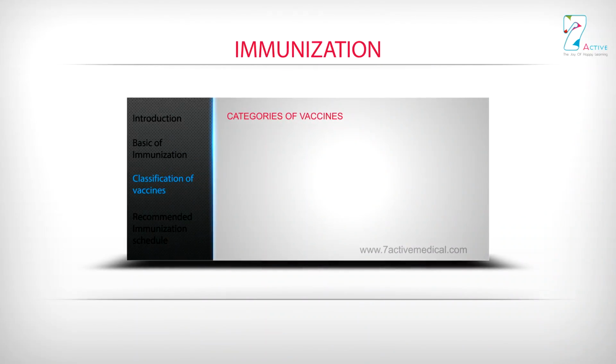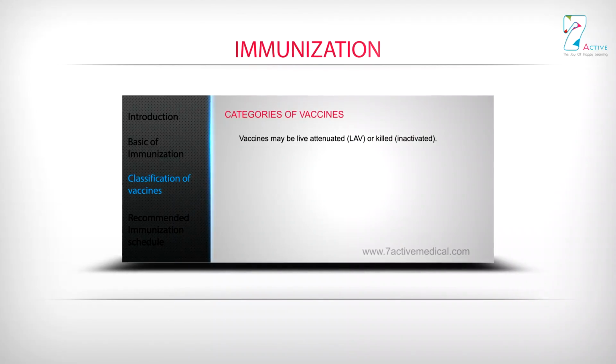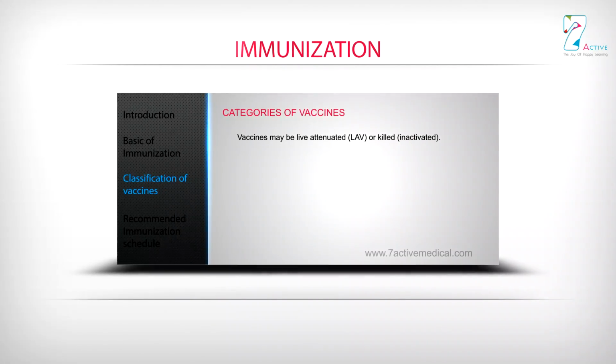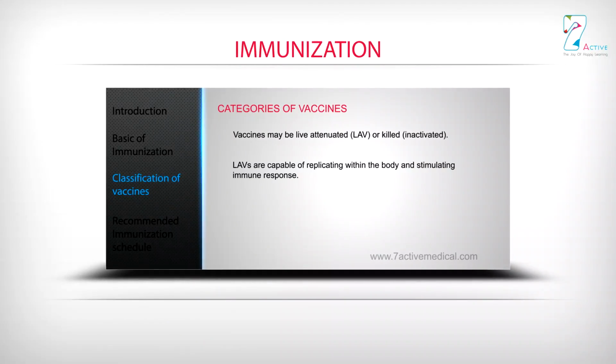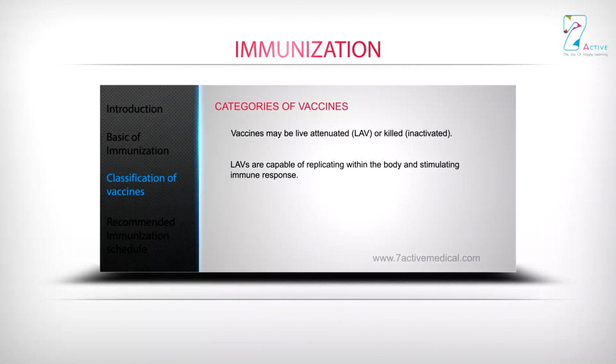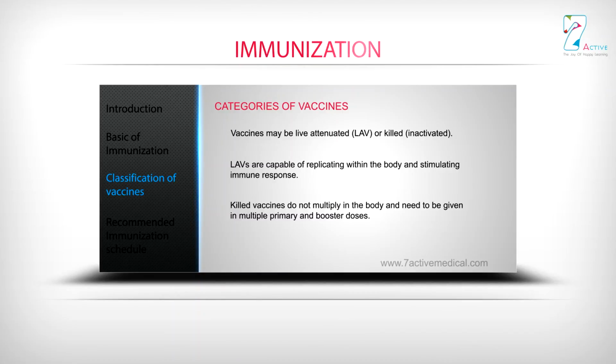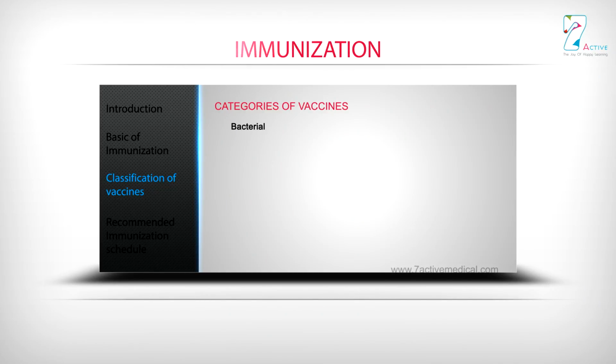Categories of vaccines. Vaccines may be live attenuated, LAV, or killed inactivated. LAVs are capable of replicating within the body and stimulating immune response. Killed vaccines do not multiply in the body and need to be given in multiple primary and booster doses. Bacterial: live, BCG, typhoid.